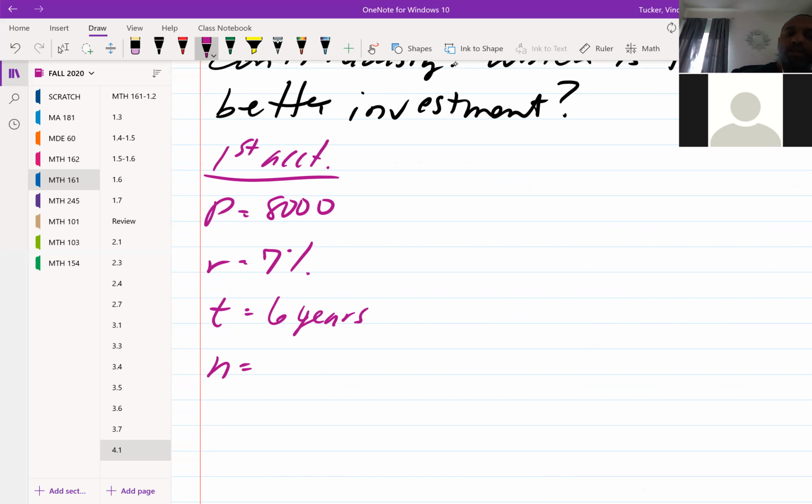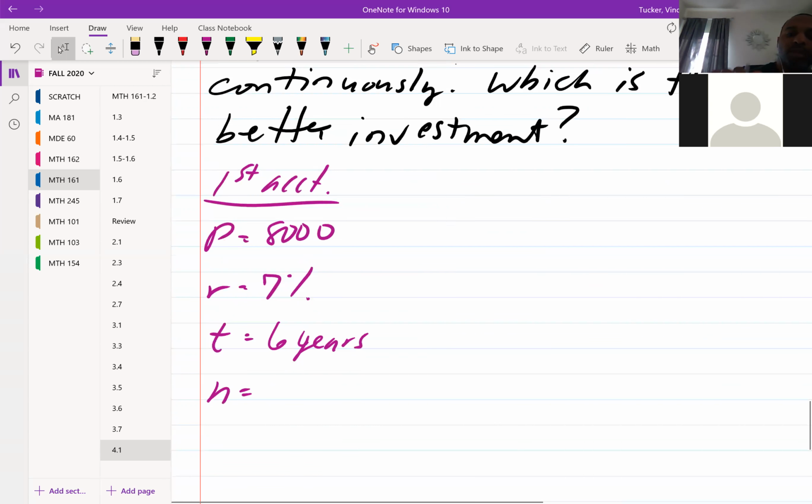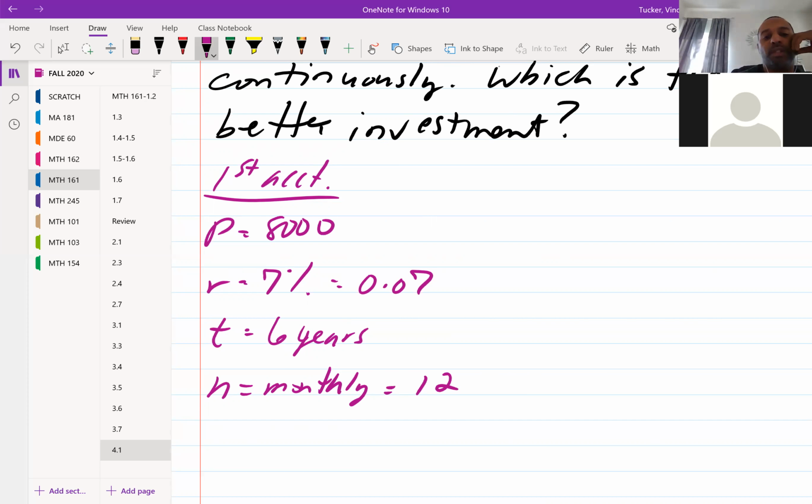And n, we are compounding monthly. Oh, I didn't even do that. So that means n is 12. All right, so that 7% goes to 0.07.